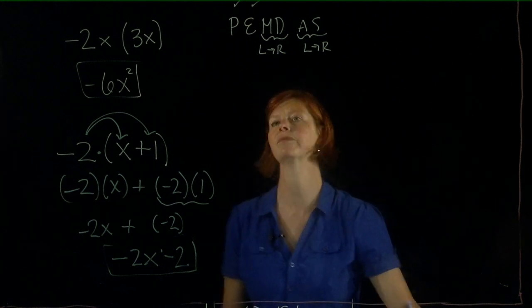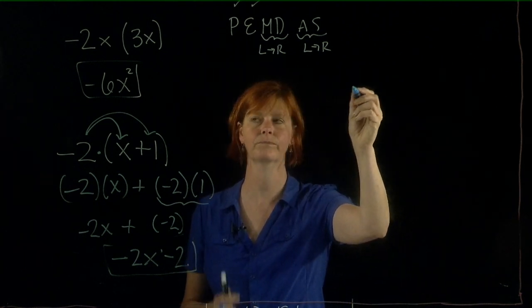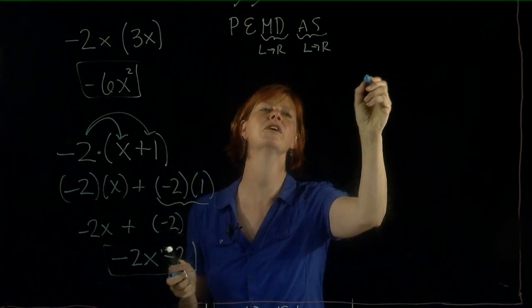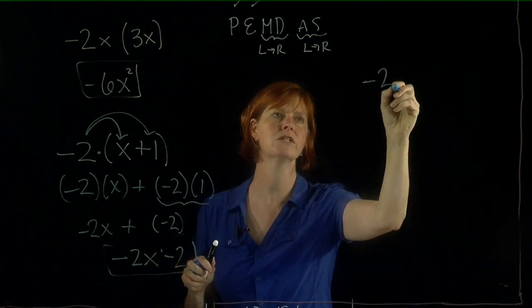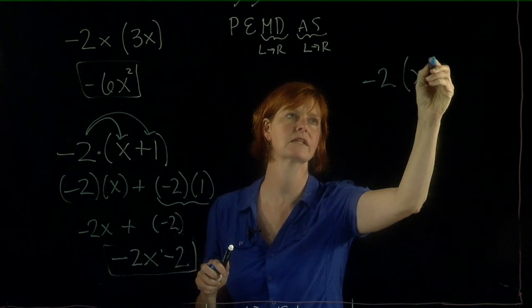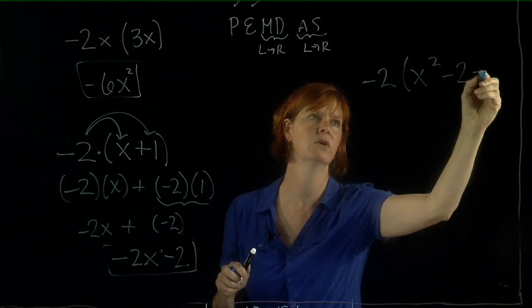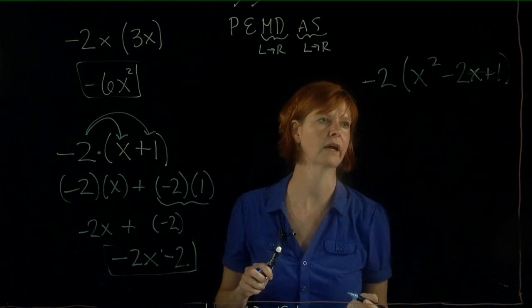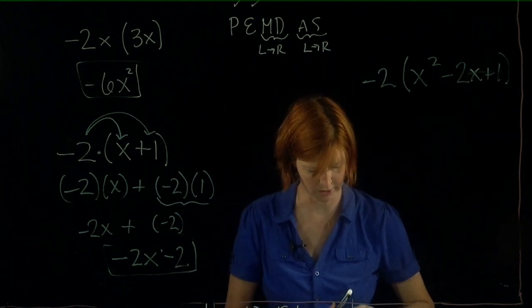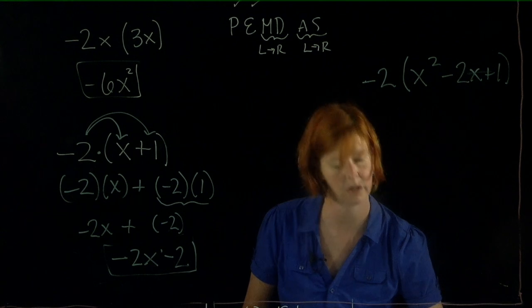Now, let's make the problem harder. Well, not too much harder. Let's just go in baby steps. Let's do negative 2 times x squared minus 2x plus 1. I don't think that's showing up very well. Let's use a white marker.